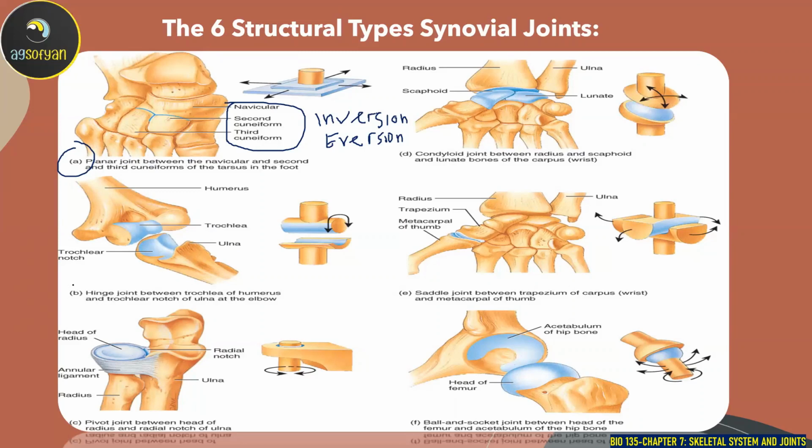Okay, the second type is hinge joints, for example, between the humerus and ulna. This is the elbow joint. It will give some angular movement like flexion and extension.